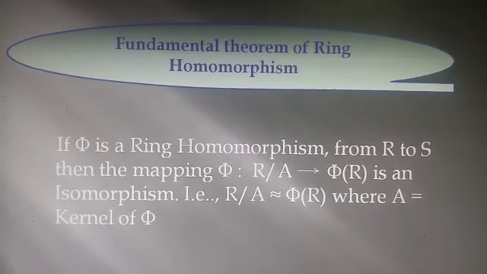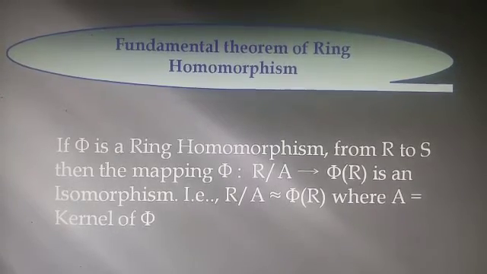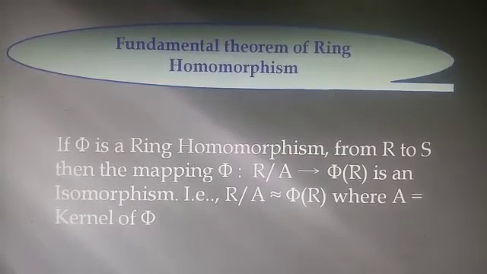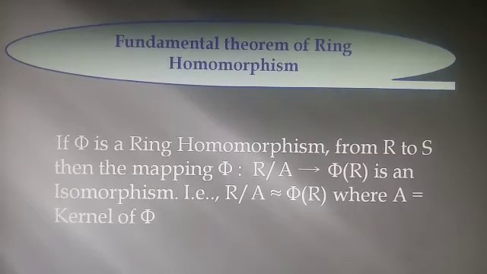It means that when R by A is isomorphic to phi of R, then we say that the fundamental theorem of ring homomorphism holds, where capital A is the kernel of phi.